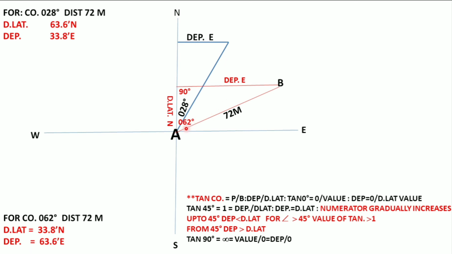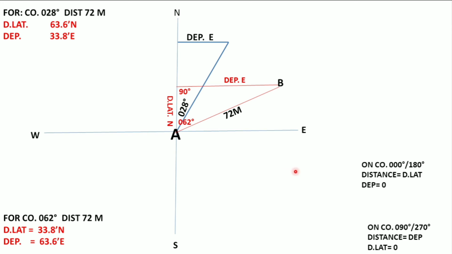And once you come to 45 degrees, then your departure keeps on reducing and your D.LAT keeps on increasing. This is how we will notice it when we see the traverse tables here.